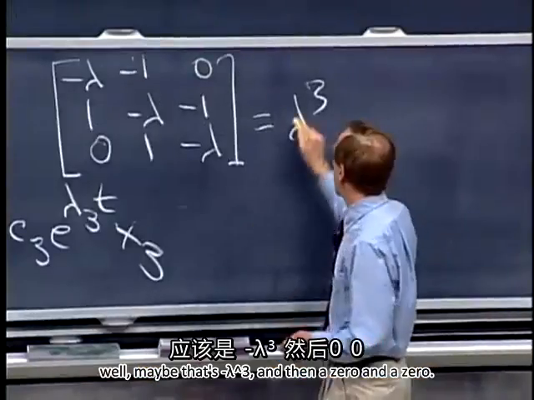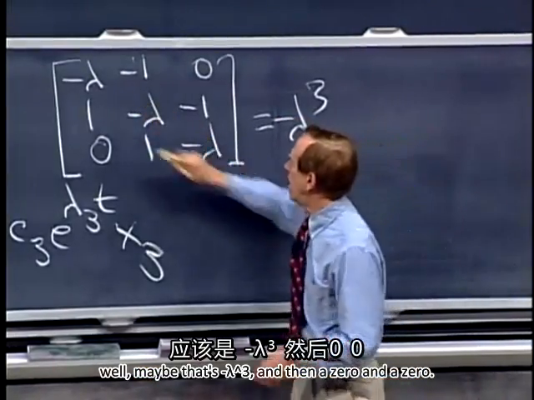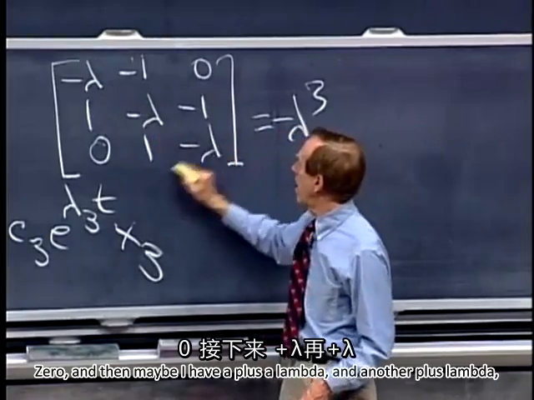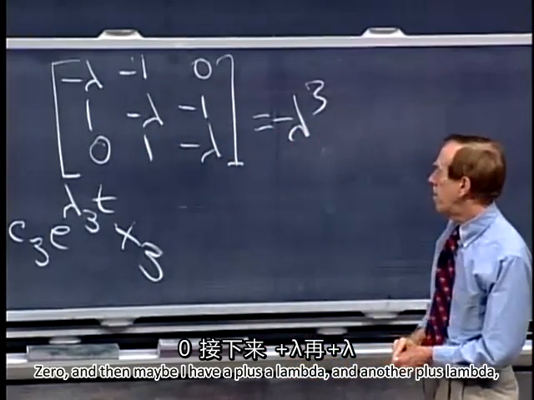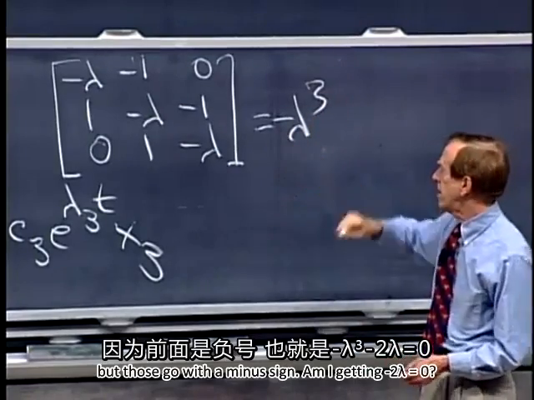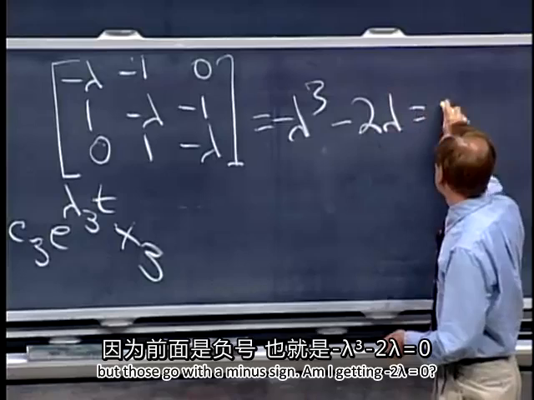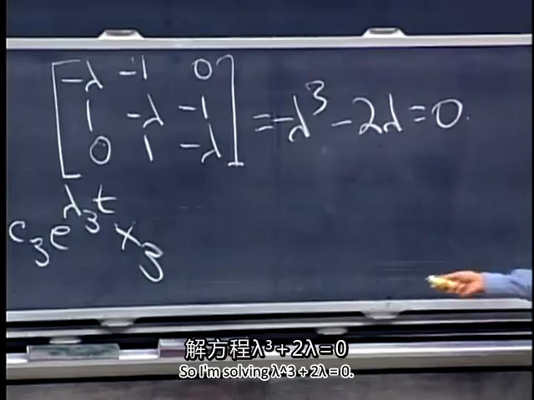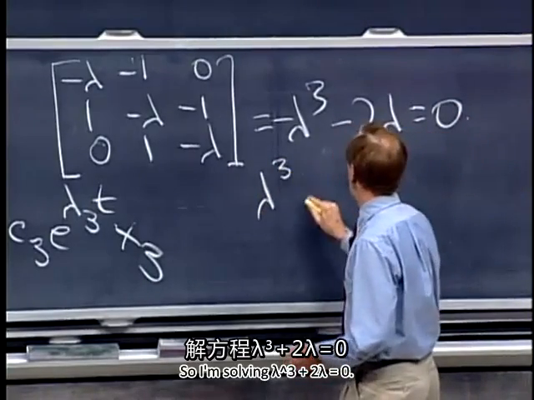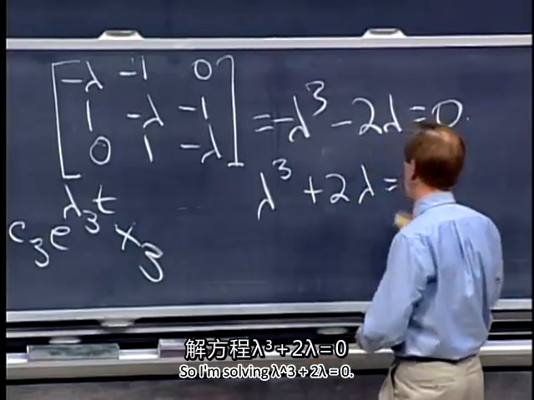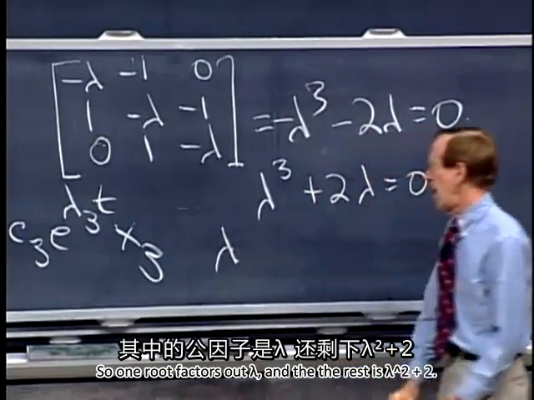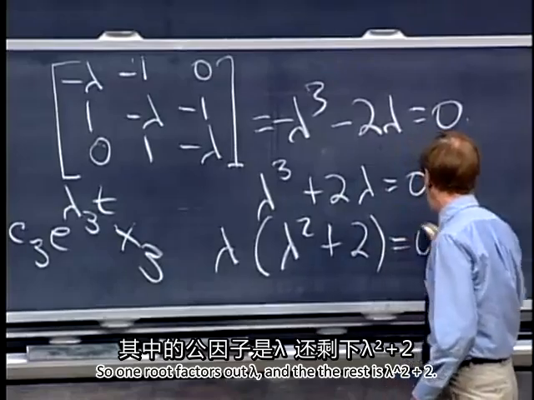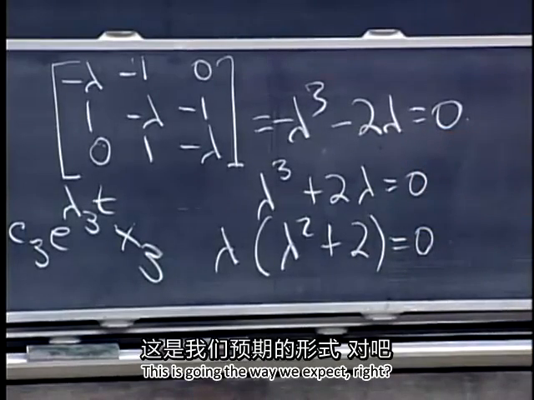Lambda cubed, well, maybe that's minus lambda cubed, and then a 0, a 0, a 0, and then maybe I have a plus lambda, and another plus lambda, but those go with a minus sign. Am I getting minus 2 lambda equals 0? So I'm solving lambda cubed plus 2 lambda equals 0. So one root factors out lambda, and the rest is lambda squared plus 2. Okay, this is going the way we expect, right?